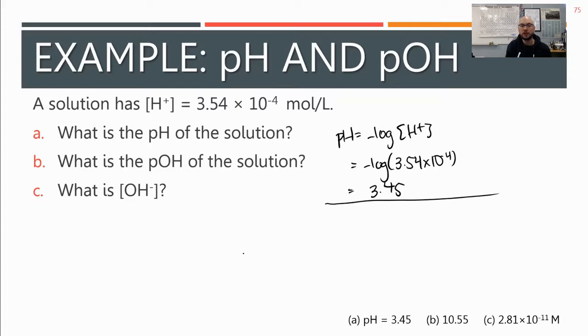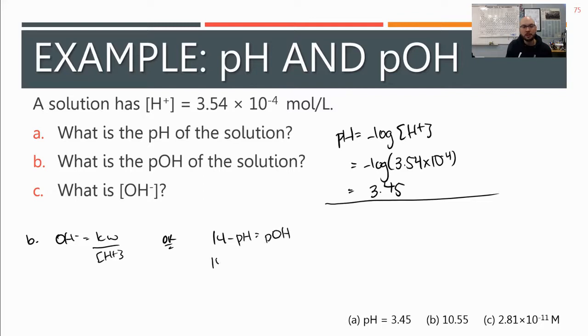There are two ways that we could do this. For B, OH minus is equal to KW divided by the concentration of H plus. So we could do that calculation, or we can recognize that the pOH would be 14 subtract pH, is equal to pOH.